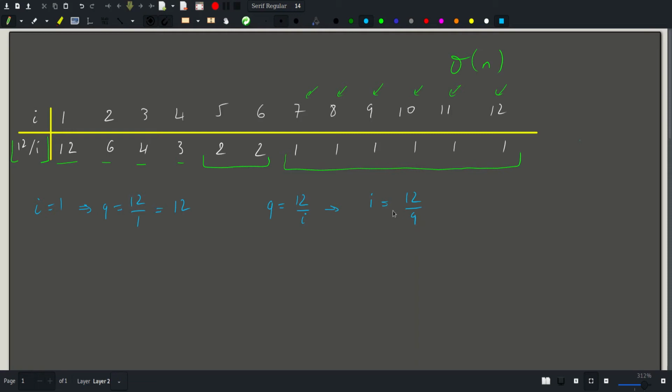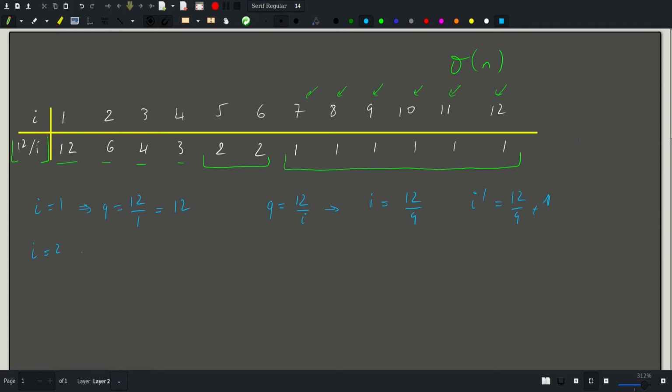And since we want to get the smallest next value that would give us a quotient that is different from this q, we can just pick I prime to be equal to 12 over q plus 1. And this will actually give us the immediate next value of q. In this case, if we calculate this, we will get 12 over 12 plus 1, which is 2. So our next value will be I is equal to 2.